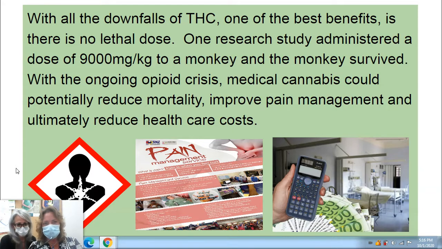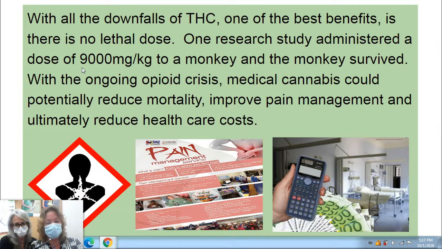So I wanted to touch on this because this is really interesting. The reason there's no lethal dose of THC is that in our endocannabinoid system, which we will be talking about in the next video, we have no receptors for cannabis on our breathing center. Opioids do have a receptor on our breathing centers.